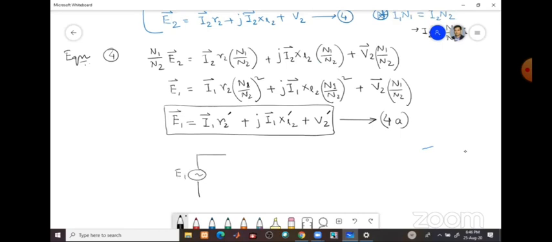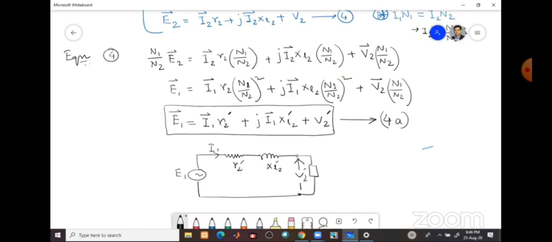This E1 drives the current I1 through a resistance R2 prime and a reactance XL2 prime, and that is giving some voltage V2 prime.